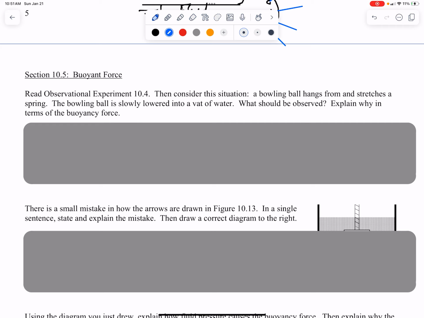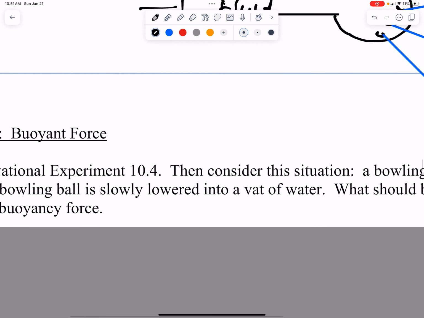So essentially you weigh an object on a spring, and you have the weight of the object, but then you have the spring force, and they're balanced. So by measuring the spring scale here, you could figure out the weight of the object almost directly.